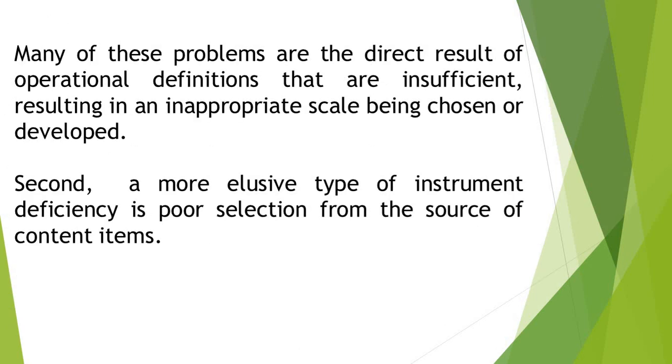Many of these problems are the direct results of operational definitions that are insufficient, resulting in an inappropriate scale being chosen or developed. Second, a more elusive type of instrument deficiency is poor selection from the source of content items.